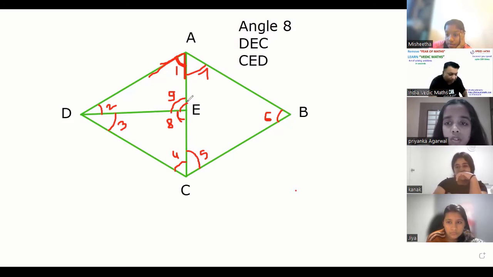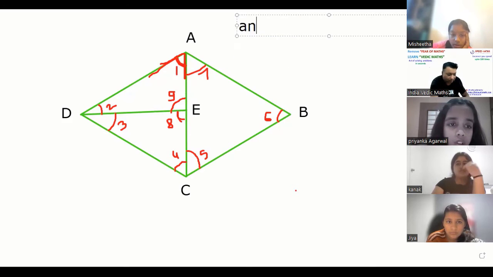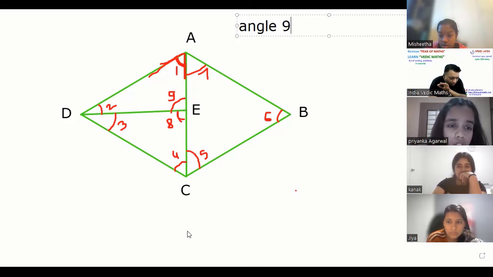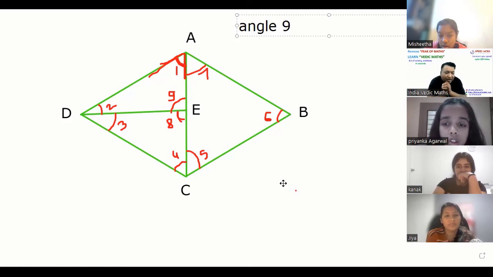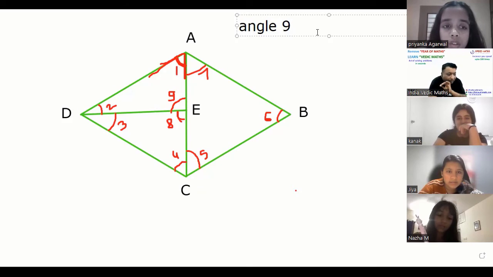Vedant, super. Dhruvansh, how will you name angle 9, Dhruvansh? Is Dhruvansh there? Looks like disconnected. Okay. Jia, how will you name angle 9? DEC.